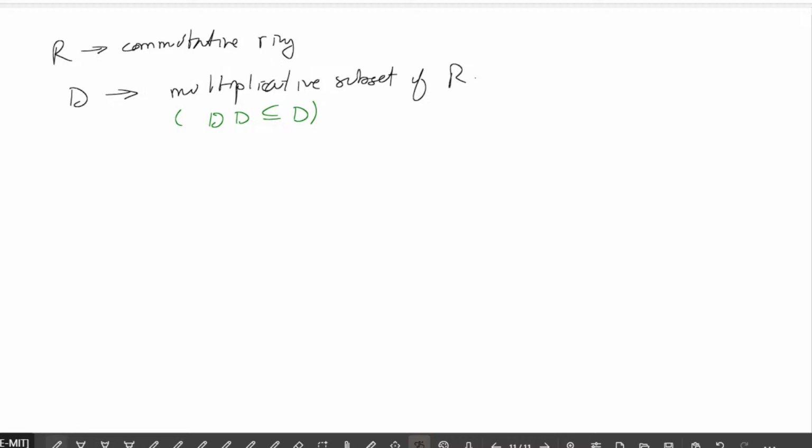I'll just give a construction. So define D inverse R as follows.